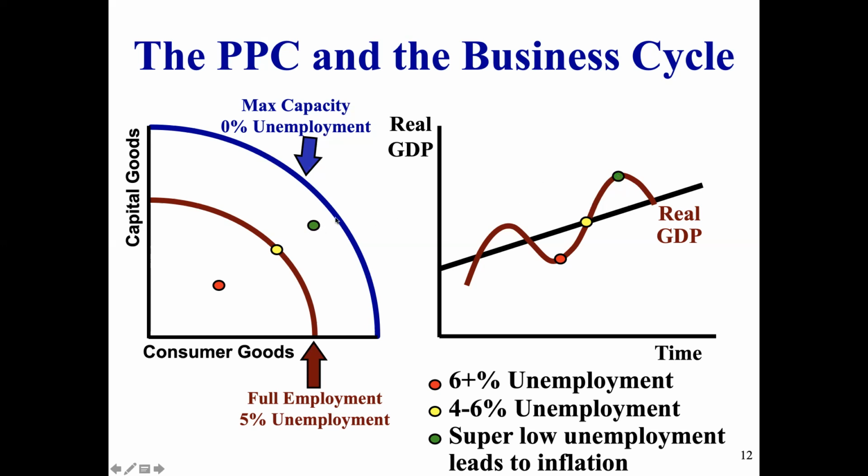It's not going to last long. You're eventually going to come back to your trend line, but it means unemployment is super, super low. When unemployment's super low, you're going to have lots of people working, lots of people earning paychecks, and more dollars chasing the same amount of goods, which is eventually going to lead to inflation. And as you'll learn later in this unit, that's going to cause another downturn in the business cycle. So anyway, the green dot and the green dot are expressing the same ideas.